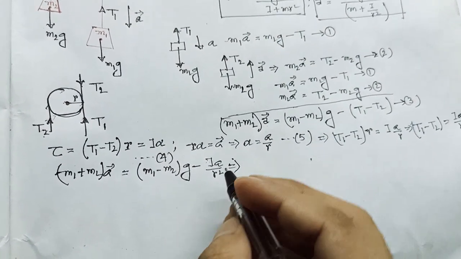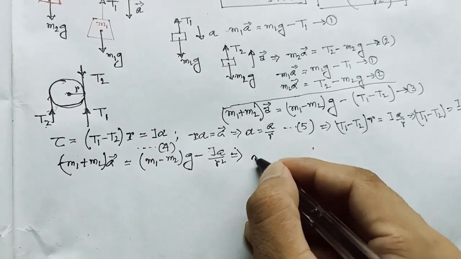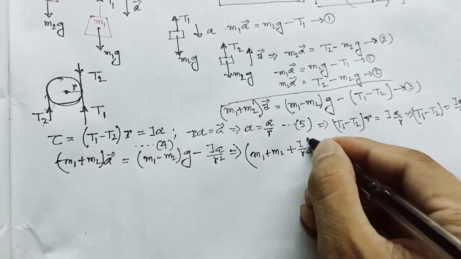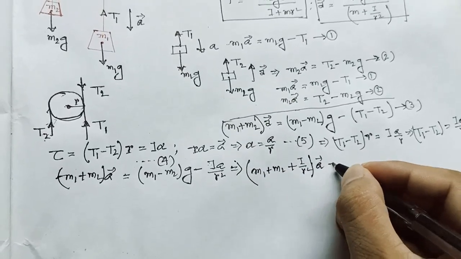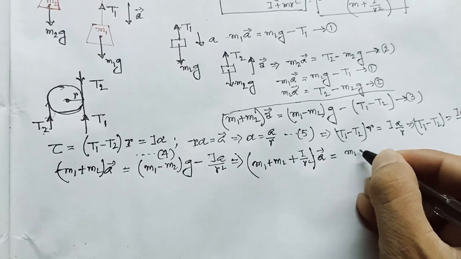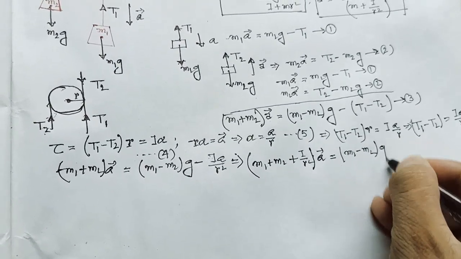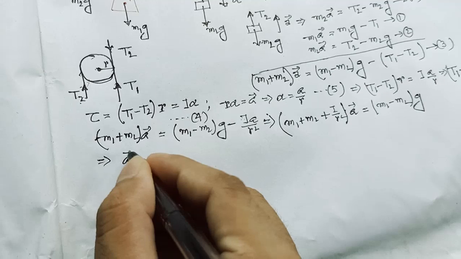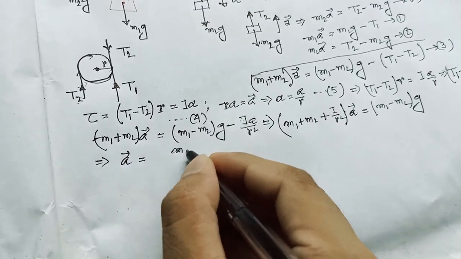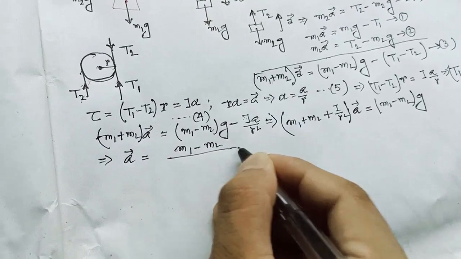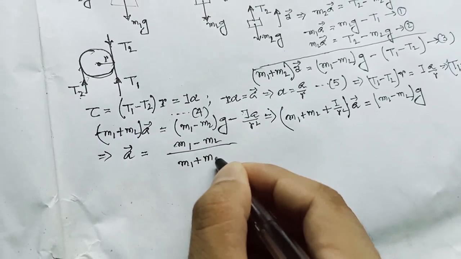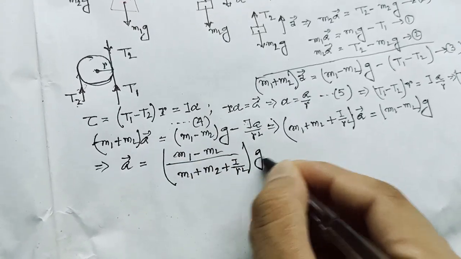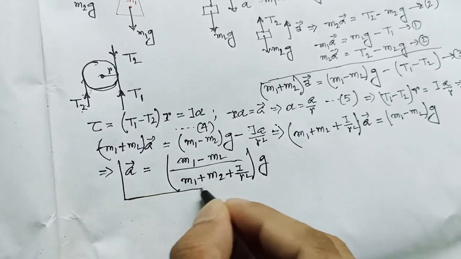If we take all the acceleration terms to one side, it becomes m1 plus m2 plus I divided by r square, times a, equal to m1 minus m2 into g. As a result, the acceleration of the system a will be m1 minus m2 divided by m1 plus m2 plus I divided by r square, multiplied by g. So this is the acceleration of the system.